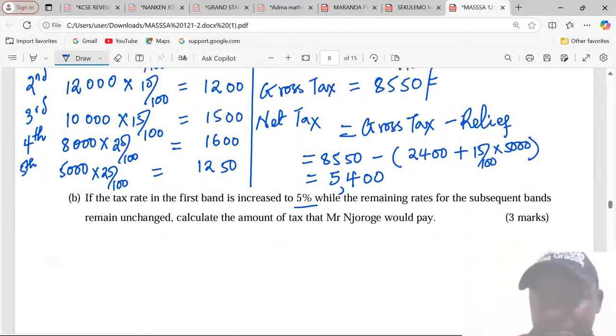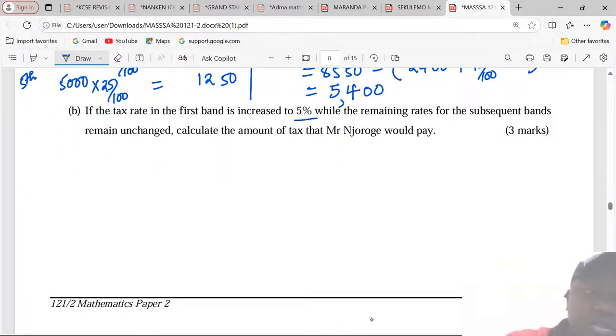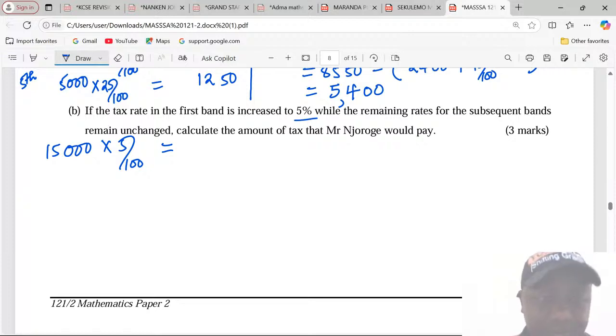So let's see. 5% of the first 15,000. What do we get here? 15,000 by 5%. This is 750. So there was a tax of 750.